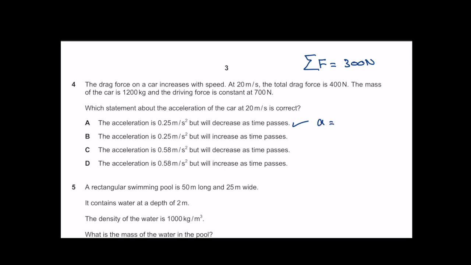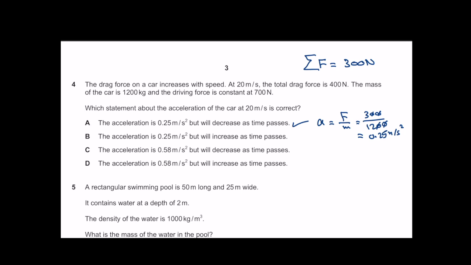And then you can find the acceleration. The acceleration equals force divided by mass. The force is 300 divided by the mass, which is 1200. So I can cancel these zeros. 3 divided by 12 gives you 0.25 meters per second squared, or you can say Newton per kilogram, as you know, this is the same measuring unit for acceleration.